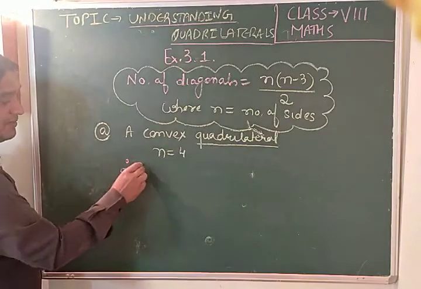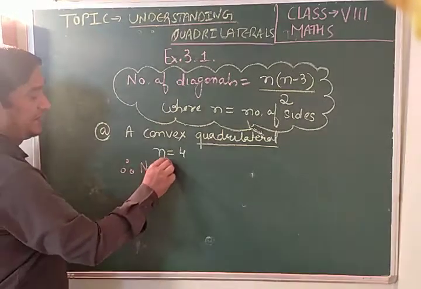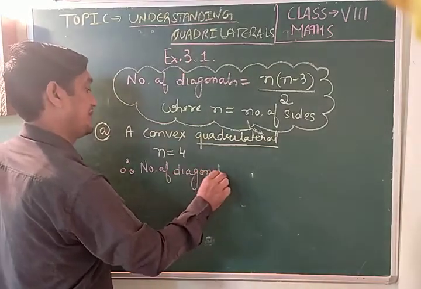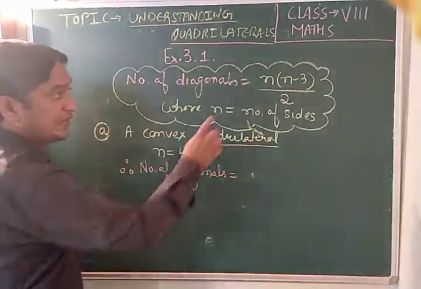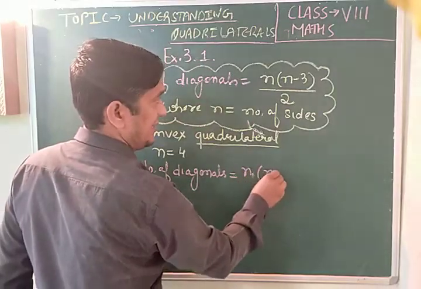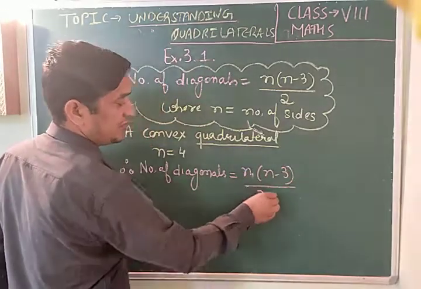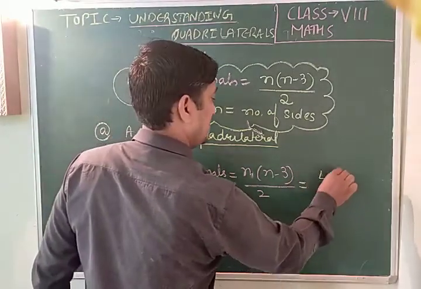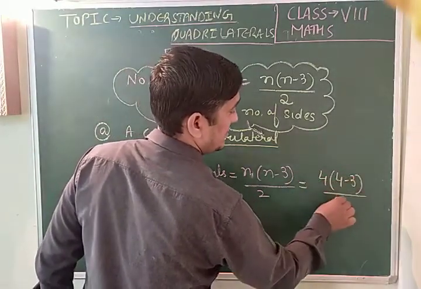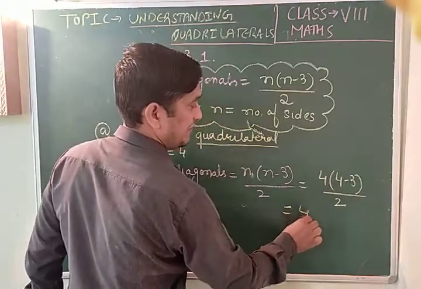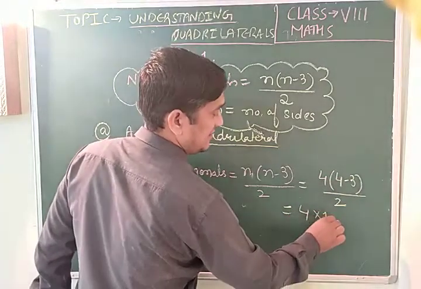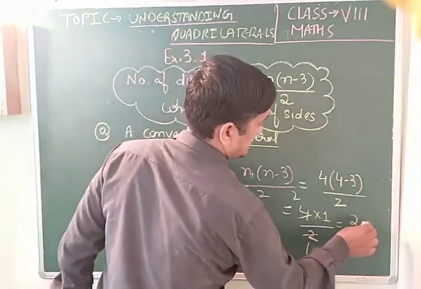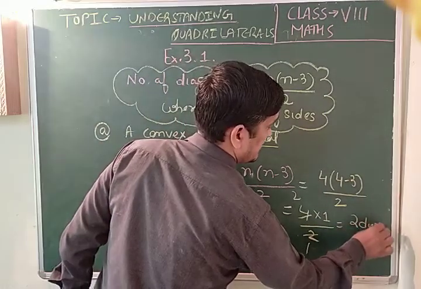Therefore, number of diagonals is equal to, formula is n(n - 3)/2. Now, n is what? 4. 4 times (4 minus 3) upon 2. 4 minus 3 is 1, so 4 times 1 is 4, upon 2. 2 2s are 4. So the answer is 2 diagonals.